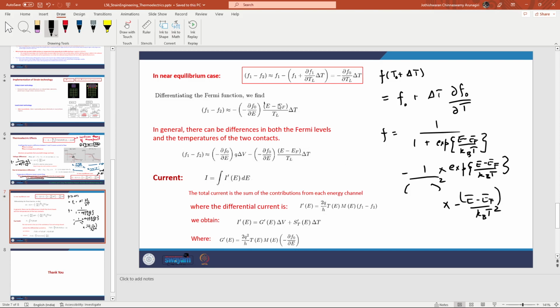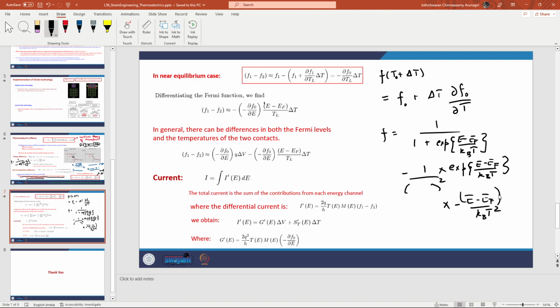Now, if we were to take the derivative with respect to the energy, I will have this term, I will have this term, and I will have this term, but there will be no negative sign here, and there will be no 1 over T squared.